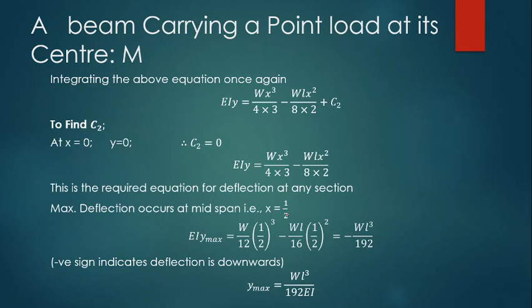Therefore, simply substitute x equal to L by 2 in the above equation, and when you simplify, you will directly get WL cube by 192, and EI will come over here. Finally, y max or deflection max is equal to minus WL cube by 192 EI, where the minus sign indicates downward deflection, as the loading is downward.